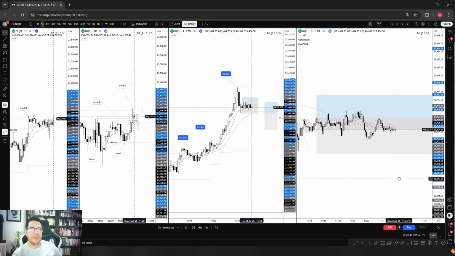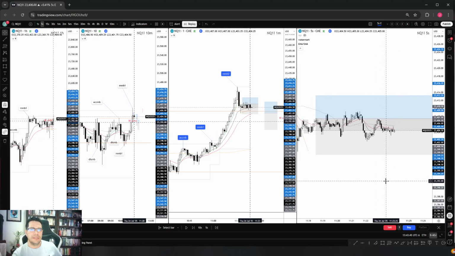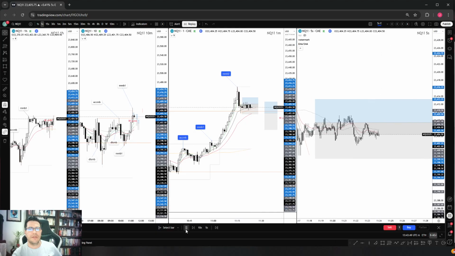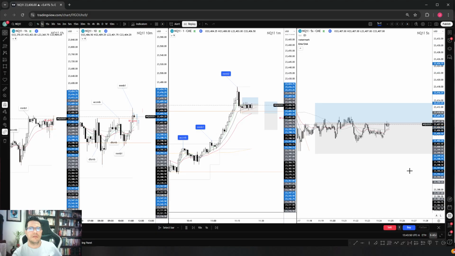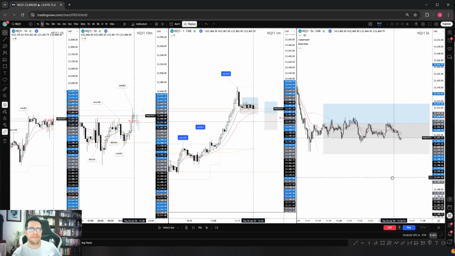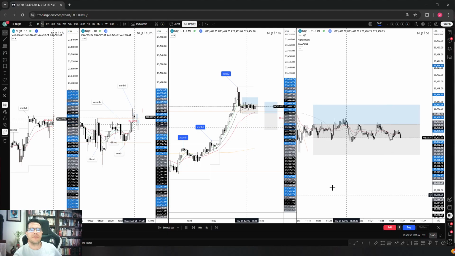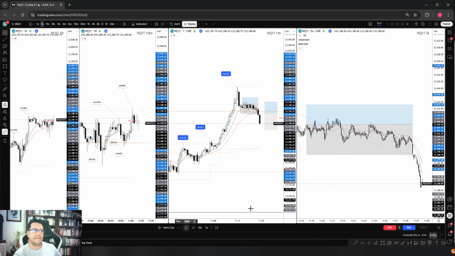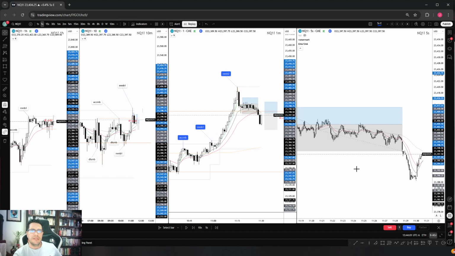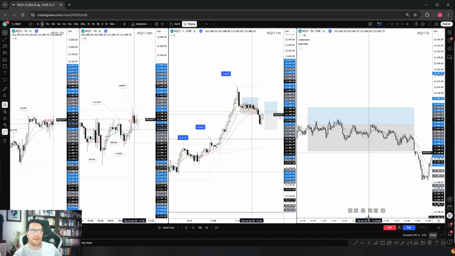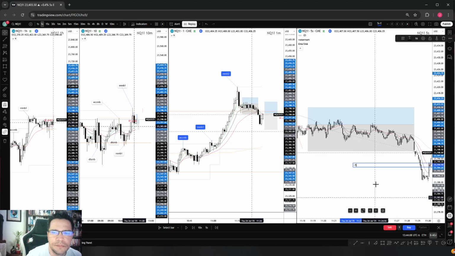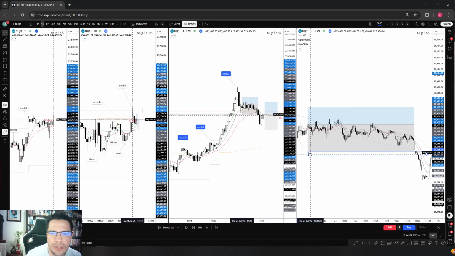And my point here is that, well, let's see how it develops, and then I'm gonna comment on this. This is the price action that I experienced at that time. Yeah, just like that. So this was a loss for me, so I'm gonna put it here. This was a loss.